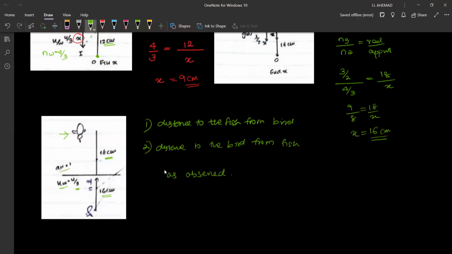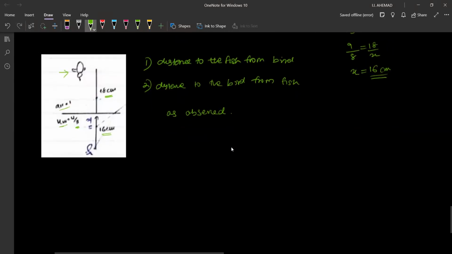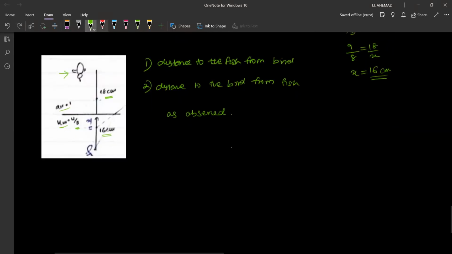Not the real, but how they observe each other. So first you have to find out the real depth and the apparent depth for the bird, and the real depth.